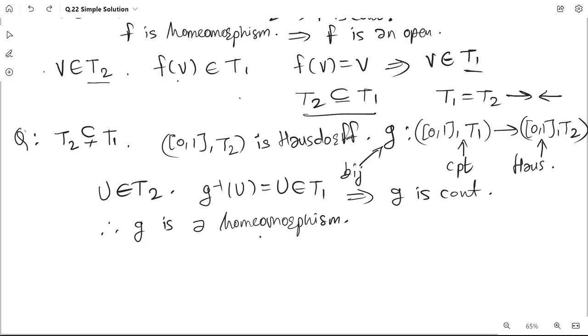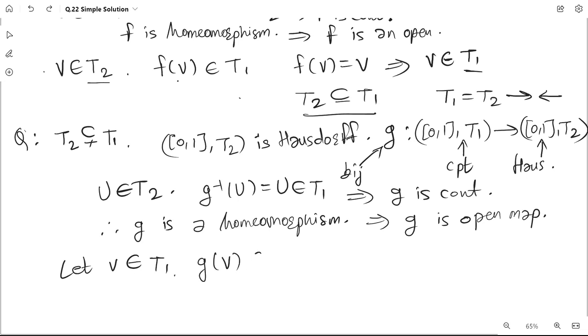Now again, since G is a homeomorphism, it is also an open map. So the proof is similar to the proof of part P. So now let V belong to T1. So G of V belongs to T2 because G is an open map. So it takes an open set to an open set. But G is the identity map, so G of V is V. So it means that V belongs to T2.